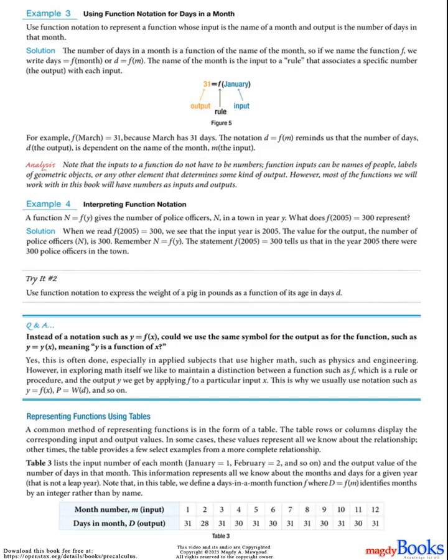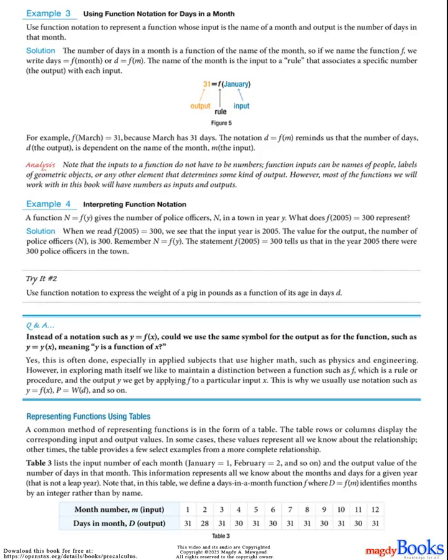Example 4. Interpreting function notation. A function n equals f of y gives the number of police officers n in a town in year y. What does f of 2005 equals 300 represent? Solution. When we read f of 2005 equals 300, we see that the input year is 2005.